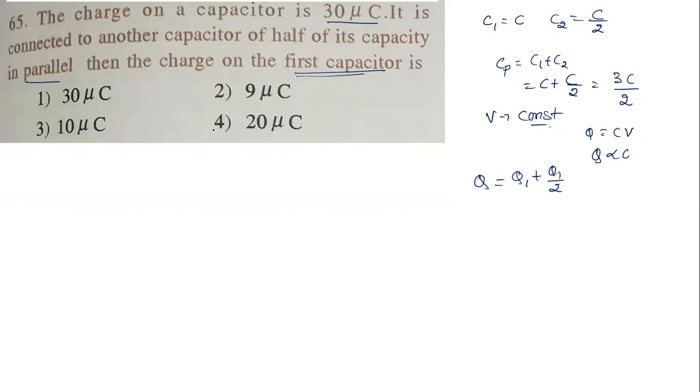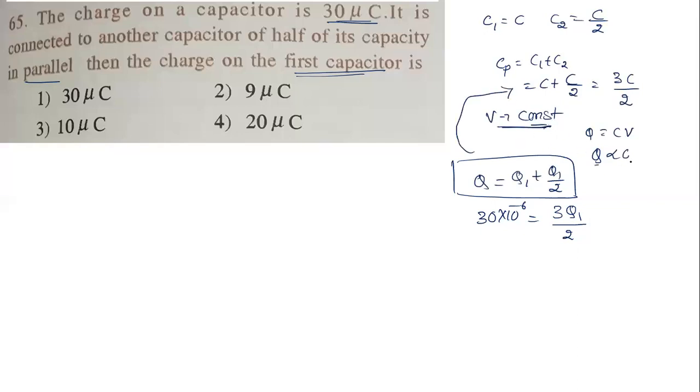What else is given? Total charge is 30 microcoulomb. So 30 into 10 power minus 6 equal to 3Q1 by 2. Why have I taken this relation directly? Because this relation is given by them, using the concept that charge is proportional to capacitance, as potential remains constant.